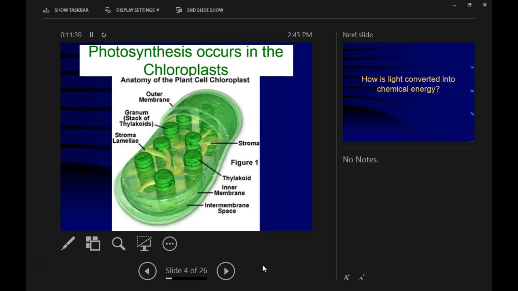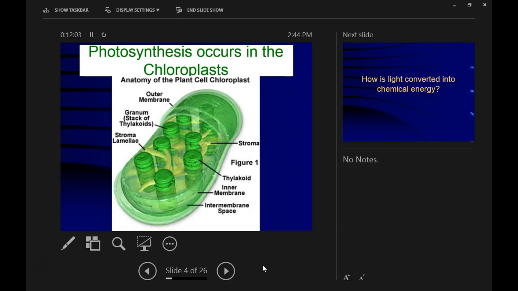Now the dark reaction takes place in that fluid-filled space outside, in the stroma. And what it does is it takes carbon dioxide and converts it into glucose with the help of these two sources of energy.